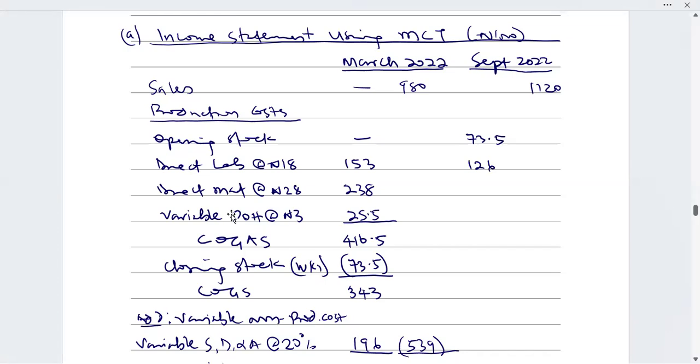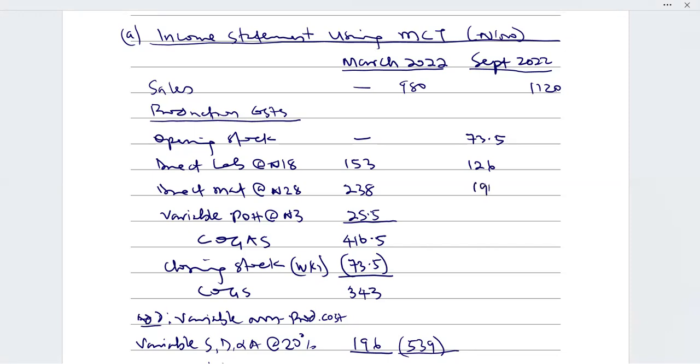The next one is 7,000 multiplied by 28, which is 196,000, so 196. Next, 7,000 multiplied by 3 is 21.